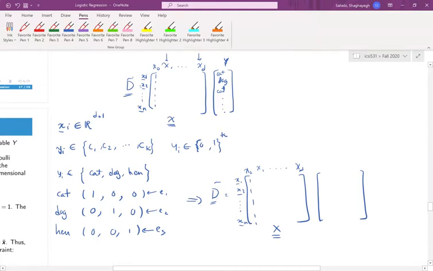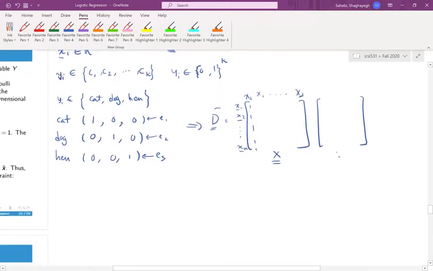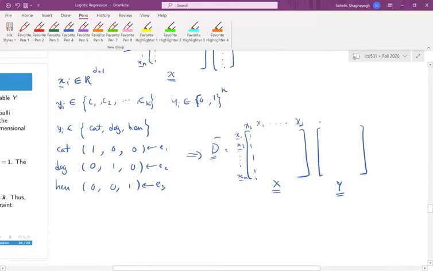In binary regression, also it was a vector of 0s and 1s. But here, we have a matrix Y that, for example, for cat, dog, hen, is going to be like this: 0, 0, 1, 0, 0, 1, 1, 0, 0, etc., etc. Right? So in each row, we are only going to have a single 1. Okay? Just a representation of our data.